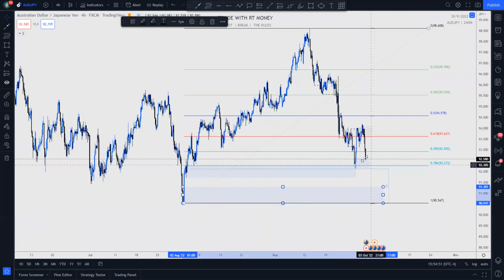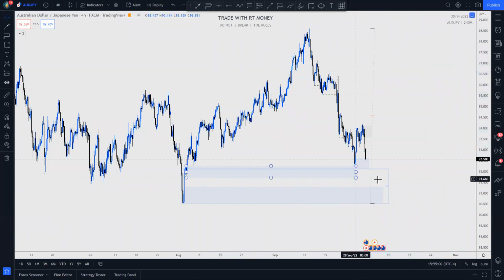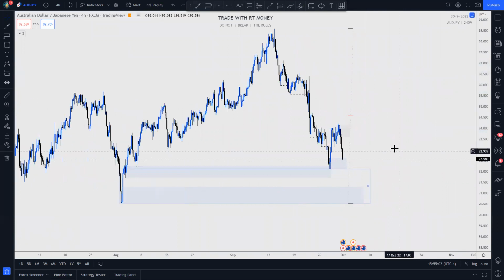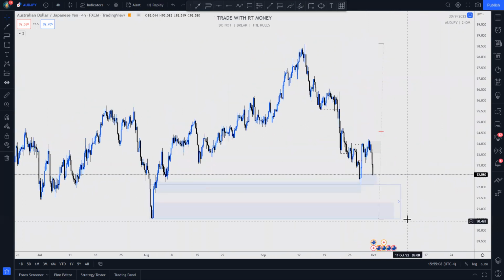First things first, we're going to watch here. Now I'm looking for buys, so be patient. We have the interest rate decision coming up for the Aussie, and we need to be patient with that. We'll see what happens. We have an if-this-then-that plan.